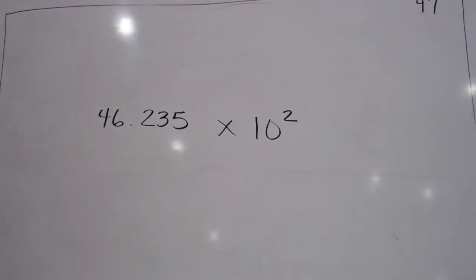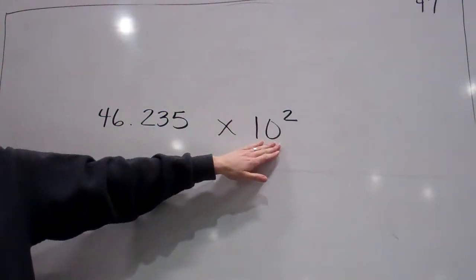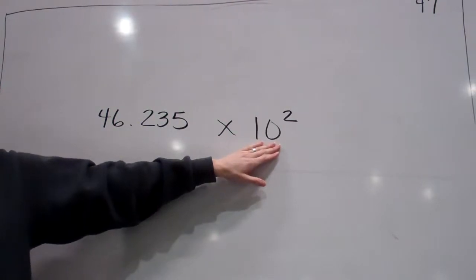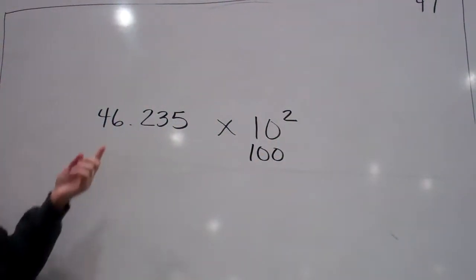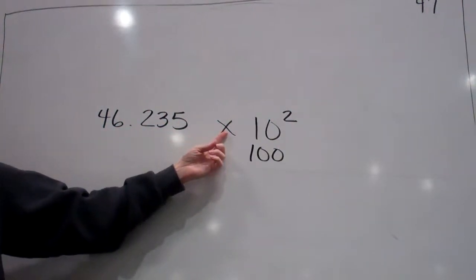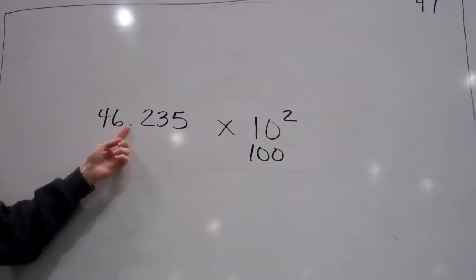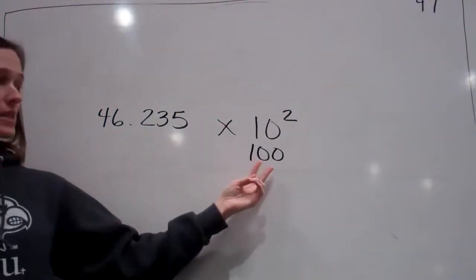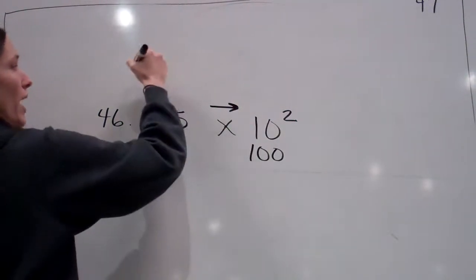Do y'all remember what I was telling you last week sometime? First of all, what would this be? 10 to the second power is actually, if that helps you to write it out, that's fine, okay? And whenever you're multiplying, what you can do is you can just move your decimal how many places? 2 places. And when you're multiplying, you move it to the right.